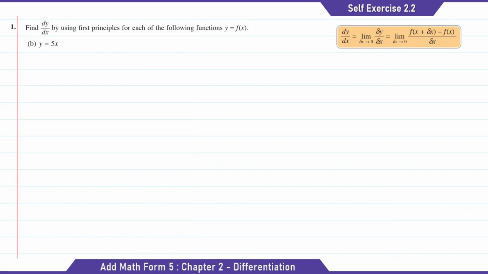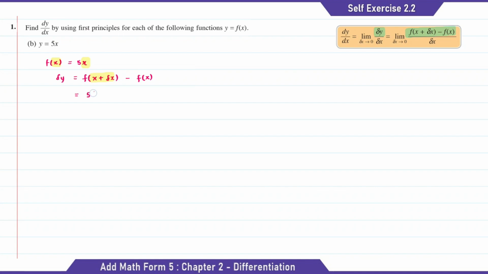Question B, y equal to 5x. So this is the same as f of x is equal to 5x. So first we're going to start with this. For the input x plus delta x, the x here we're going to replace with x plus delta x.